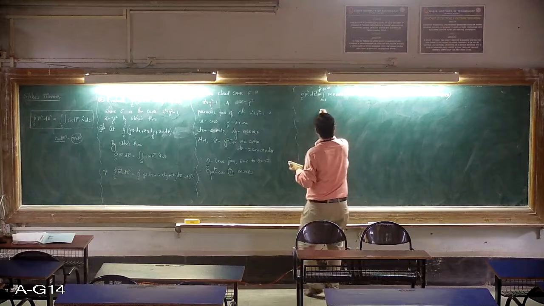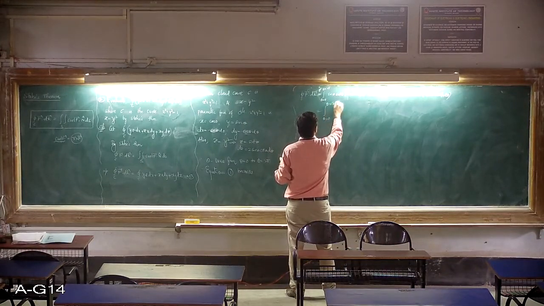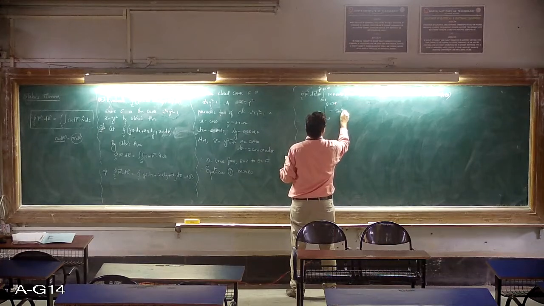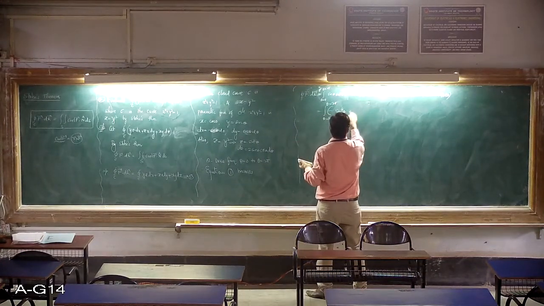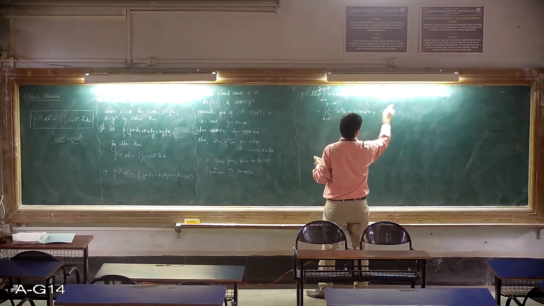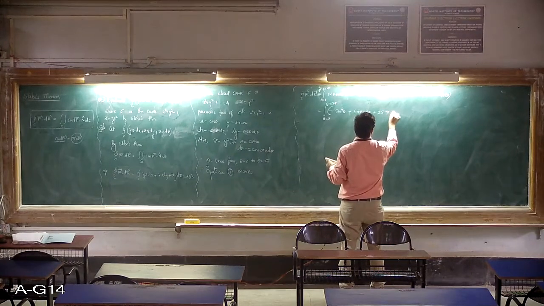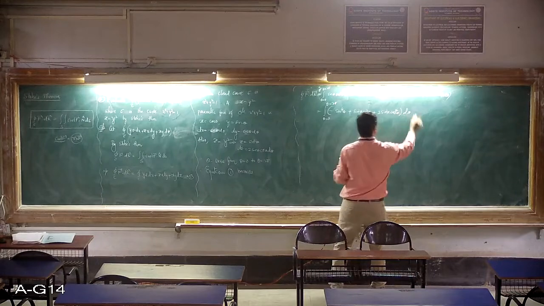Okay, so that is nothing but the integration from theta equals 0 to theta equals 2 pi of minus sin raised to 4 theta plus sin square theta cos square theta, plus 2 times sin square theta cos square theta, d theta.